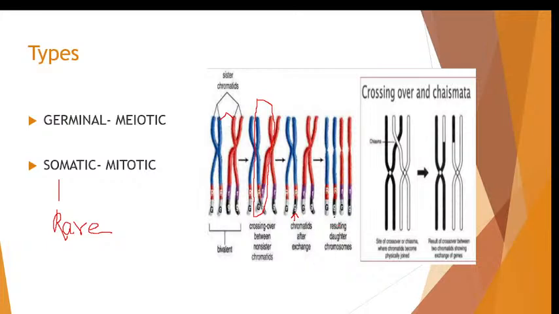As a result the chromosomes will separate, and these are called the daughter chromosomes. And those particular positions where the crossing over takes place are called chiasma. That is important. You might have learned this in meiosis also.